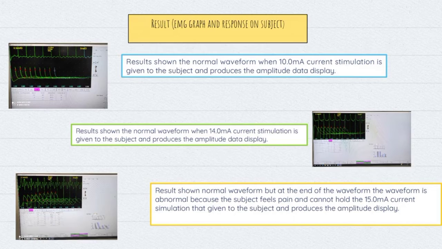Third, results show a normal waveform, but the end of the waveform is abnormal because the subject feels pain and cannot hold the 50.0 mA current stimulation given to the subject.